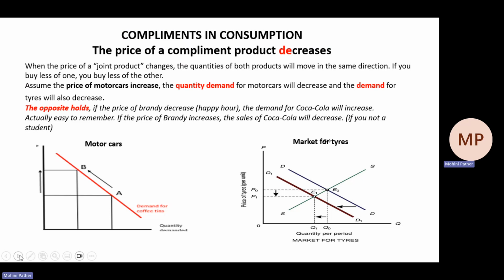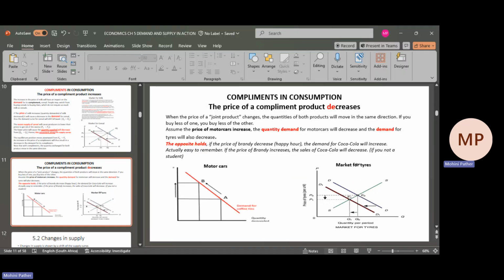Okay, there are also complements in consumption. When we were looking at petrol and petroleum jelly, we were looking at complements in production. Motor vehicles are a huge economic indicator on the macro side of things.